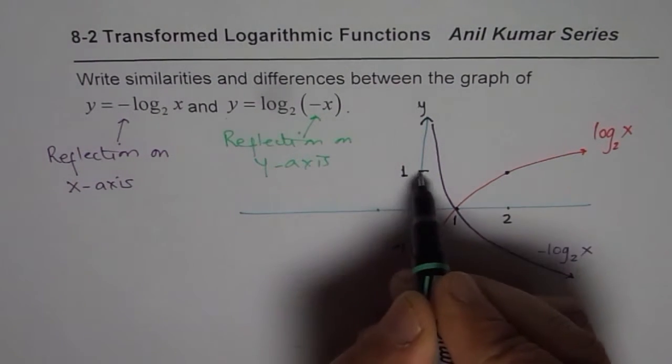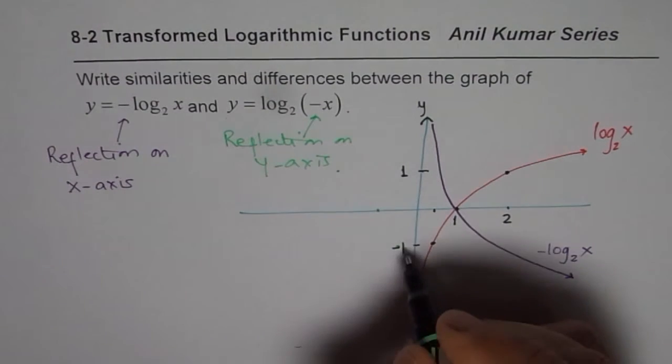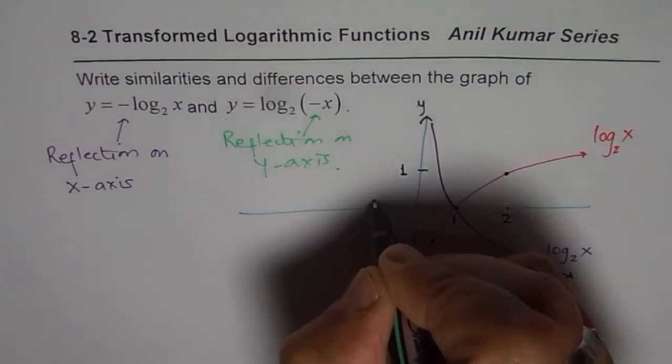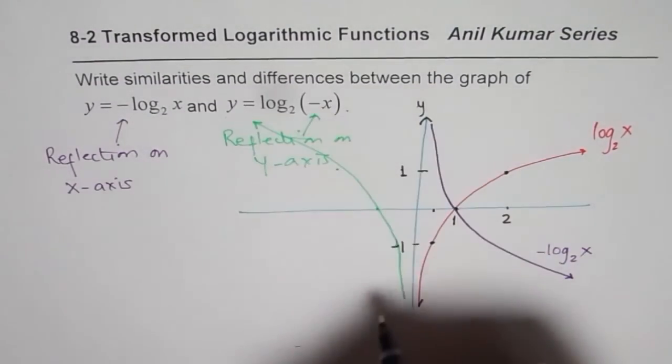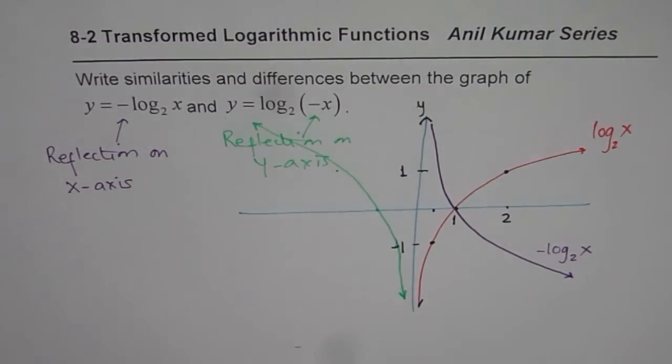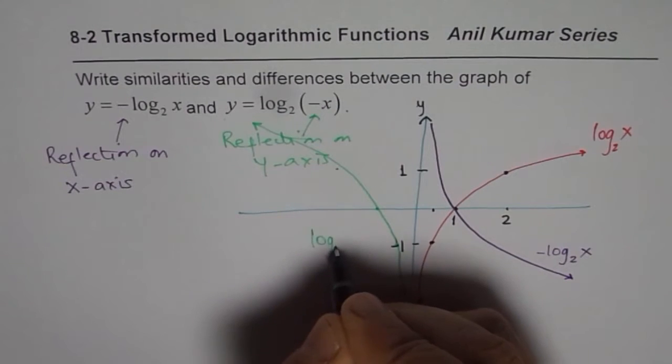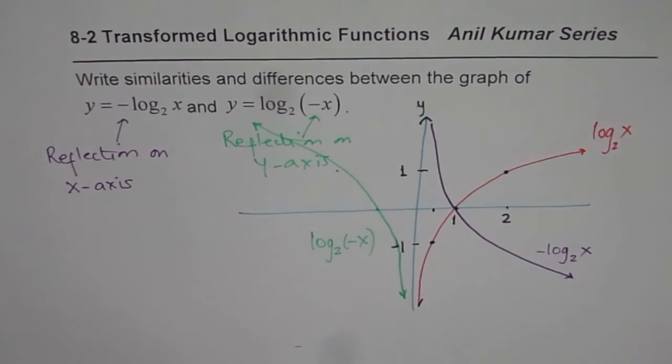Do you see that all these points will come on this side? So what we really get here is a log function, which will be kind of like this, okay? Do you get the idea? So that is the function which is log 2 of minus x, right? Now you can compare both the functions very easily.